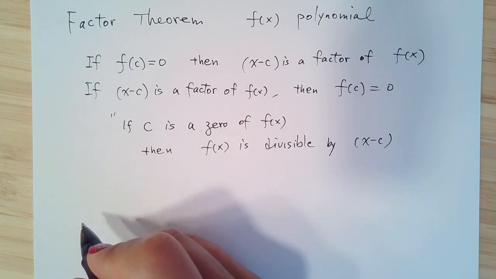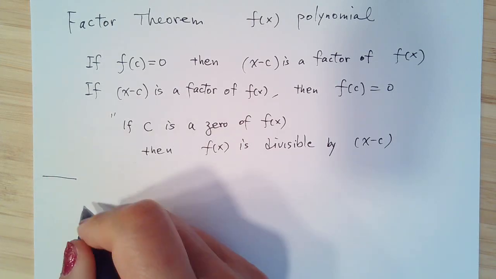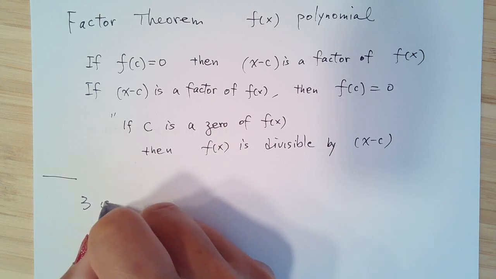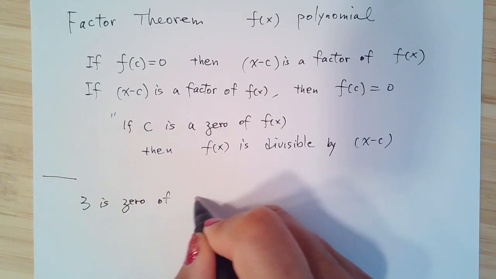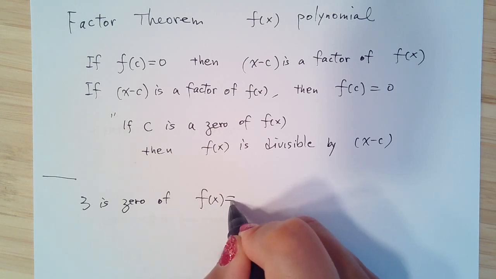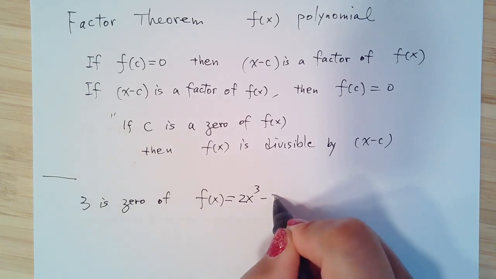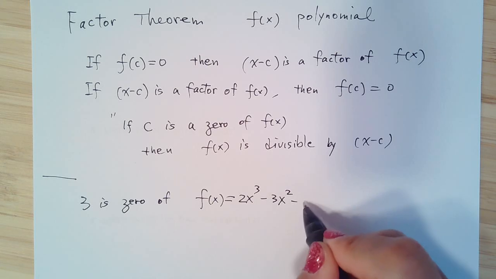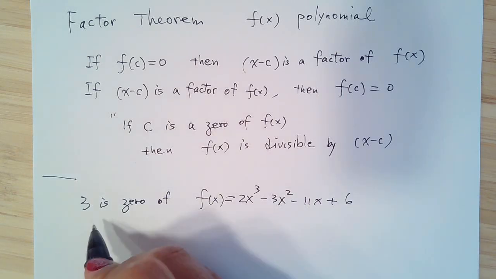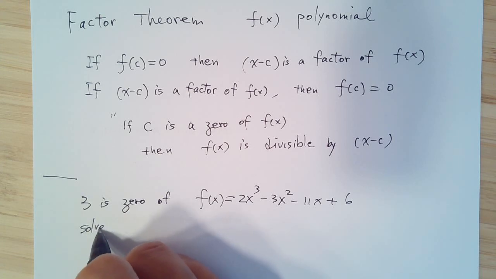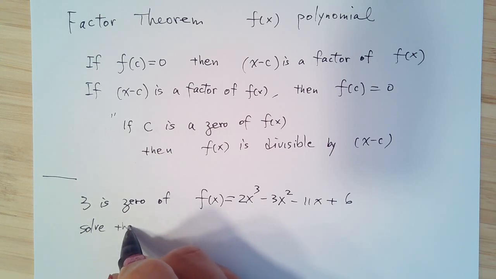So if I tell you that 3 is a 0 of f of x, which is 2x cubed minus 3x squared minus 11x plus 6, then I ask you to solve the equation.